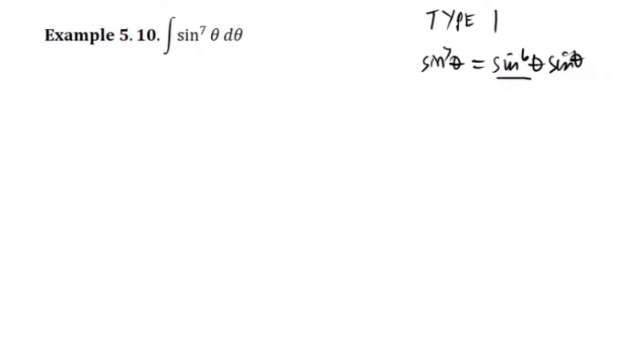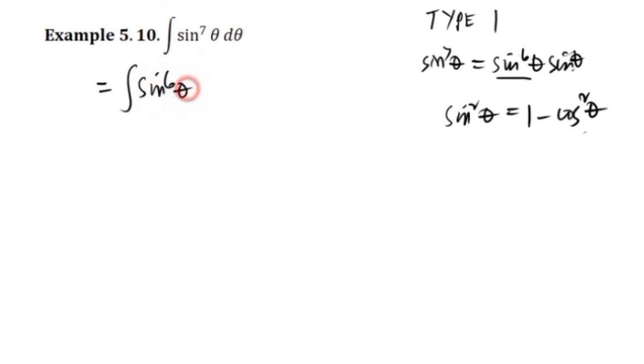And the sine to the 6th here will be expressed into cosine using the Pythagorean identity. Sine squared theta is equal to 1 minus cosine squared theta. And magkakaroon na tayo ng power of a cosine multiplied by sine, and we will proceed with the general power formula. So this will be equal to the integral of sine to the 6th theta sine theta d theta.